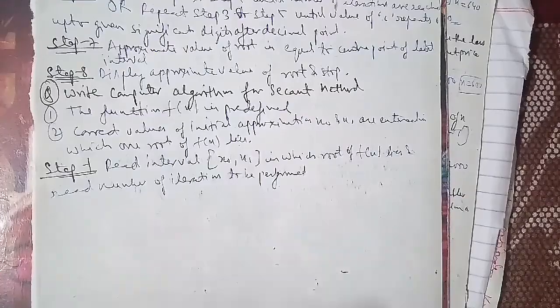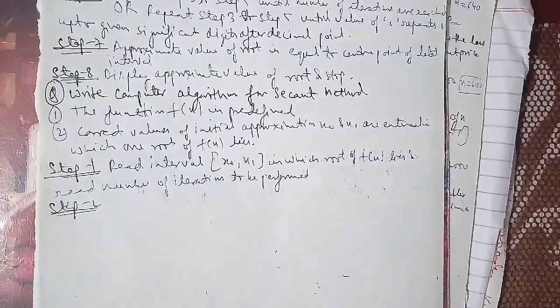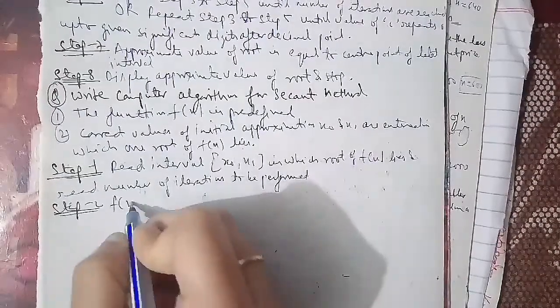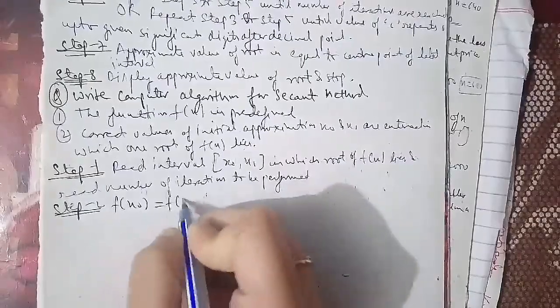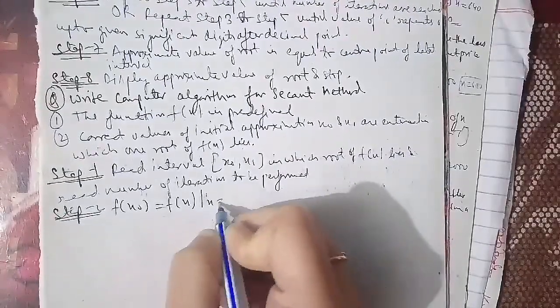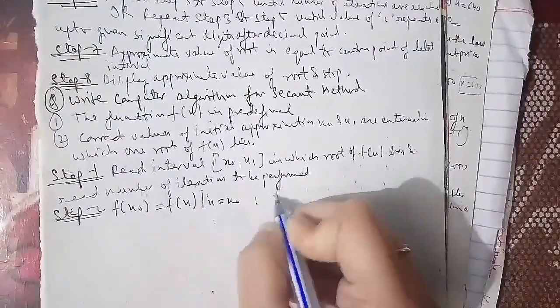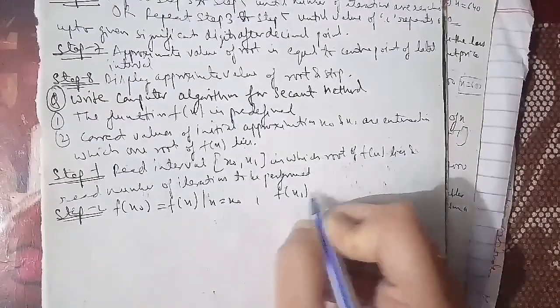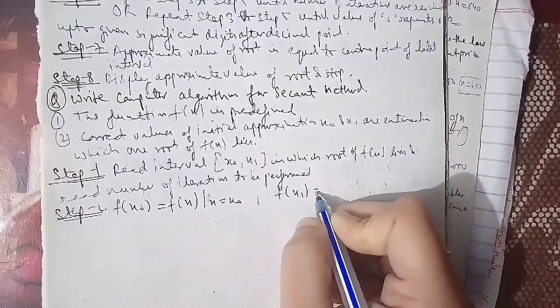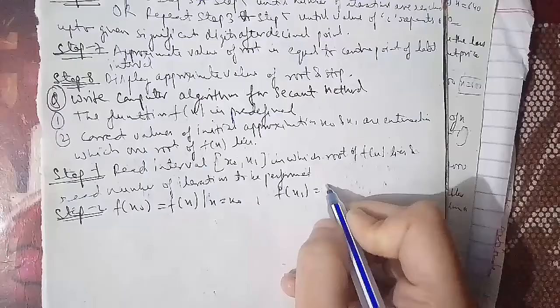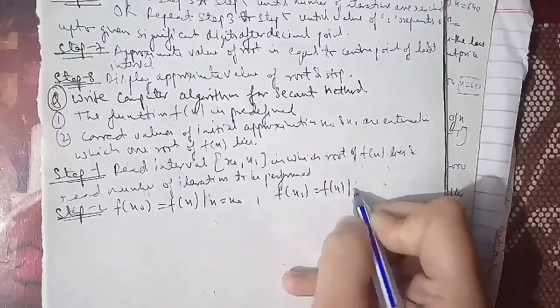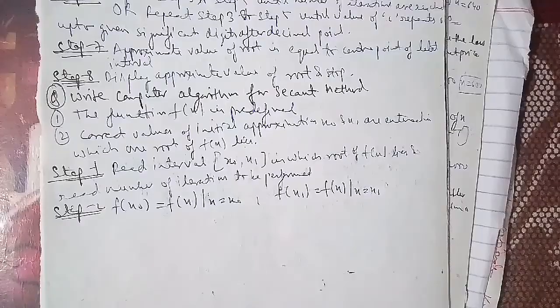We'll go ahead for step 3, to calculate the next approximation root, that is x2, which is x2 equals x1 minus (x1 minus x0) upon (f(x1) minus f(x0)), times f(x1).